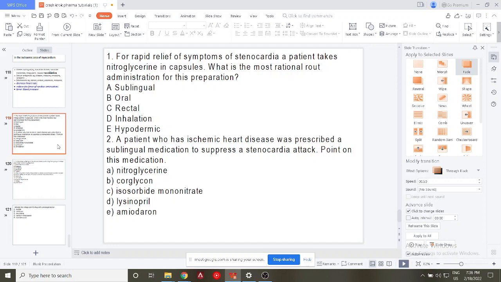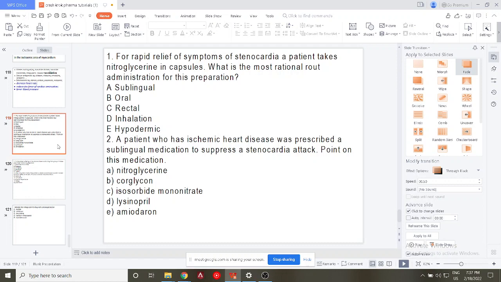Yeah. Okay. So you see that the question is wrong or you're wrong. So which one is wrong? So explain. I don't know. That's what I'm asking. Okay. So yeah, you are right. So both of them are also sublingual medications. So I think the question is wrong.